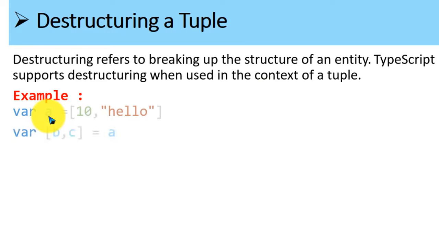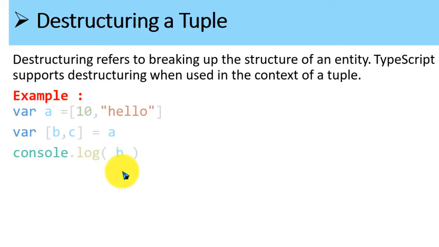Now if you write var [b, c] = a, destructuring takes place, and 10 is assigned to b and hello is assigned to c. This is nothing but destructuring of the tuple. It is very flexible.